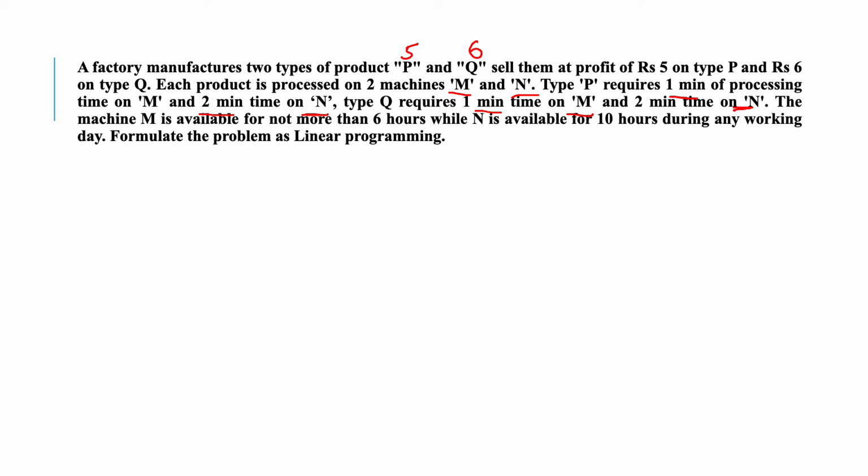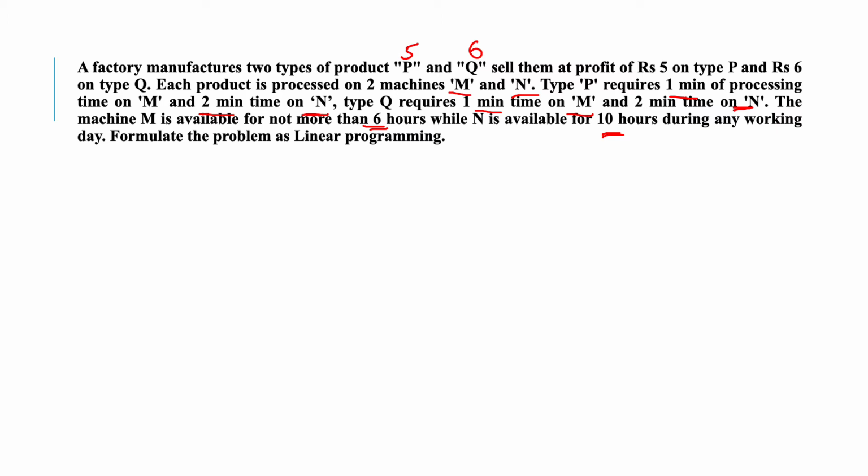Machine M is available for not more than 6 hours. Similarly, machine N cannot be available for more than 10 hours during any working day. So for this problem we have to formulate it as an LP, a linear programming problem.